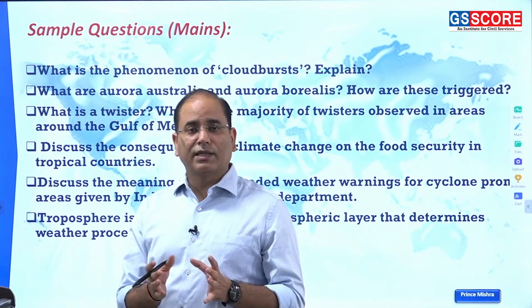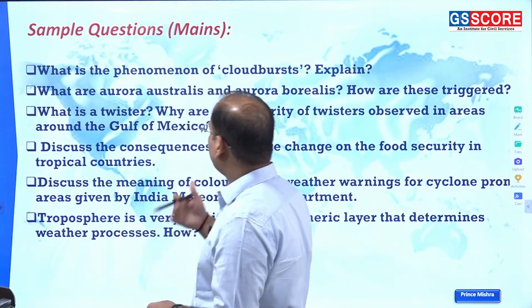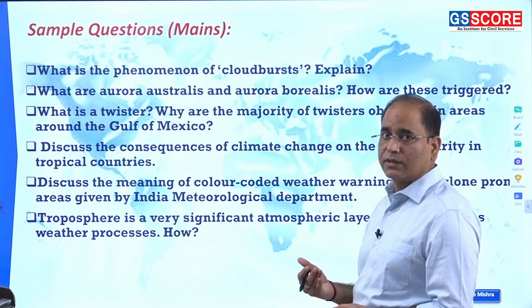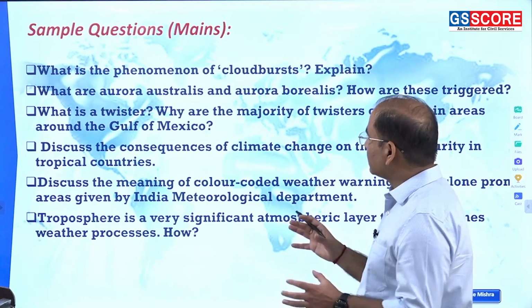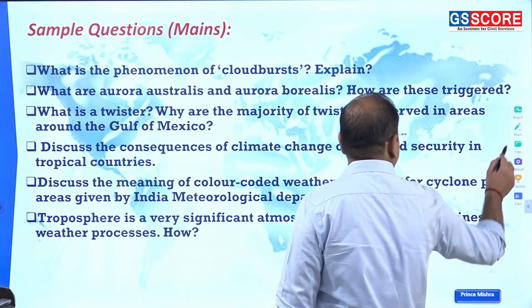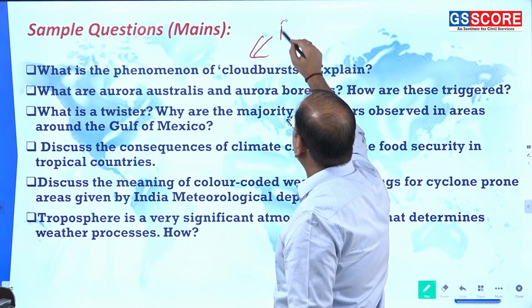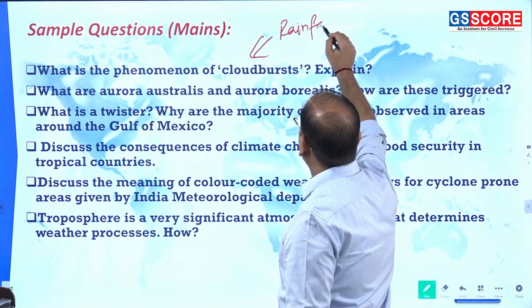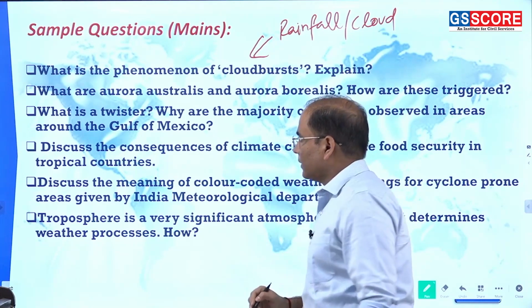So a combination of atmospheric disturbances as well as clouds will help you understand this phenomenon of cloud burst, where cloud burst happens, how this cloud burst happens. So this is within the broad topic of rainfall and clouds that the question has been asked.